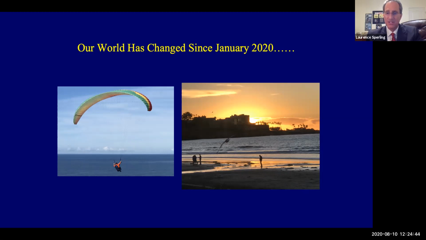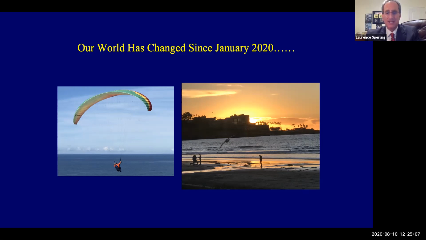So that last slide was 102 years ago. These two photographs I took in January of 2020, when we were able to travel and meet with our friends and be speaking in person instead of virtually. And so I visited San Diego and the team from the Right Care Initiative at that time.